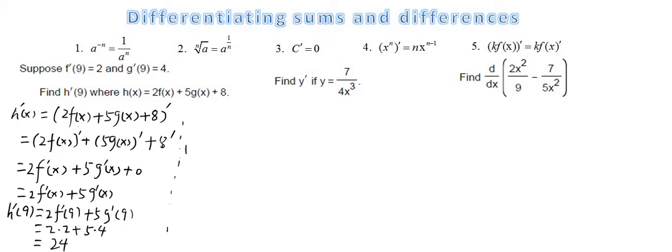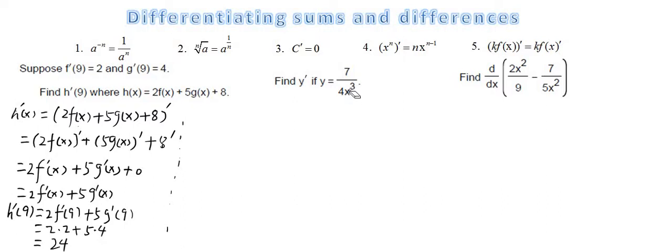Now let's take a look at the second example. For the second example, we find x to the power 3 in the denominator. We don't like the exponent x to the power 3, or an exponential function or polynomial function, in the denominator.